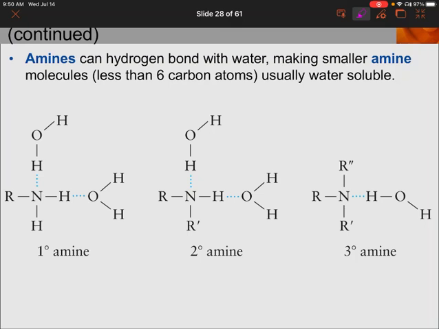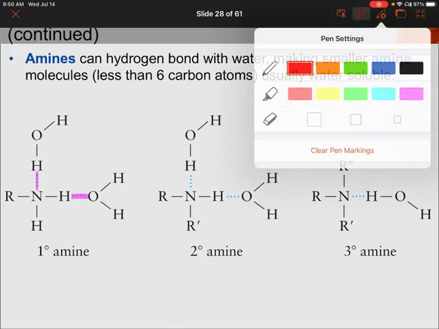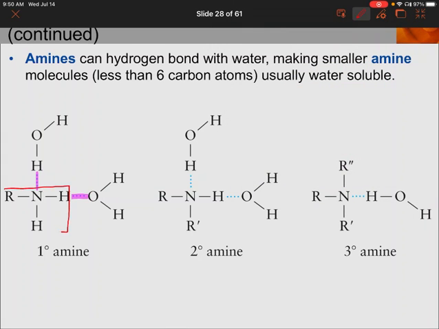So looking at a primary amine first, notice that there are two opportunities for hydrogen bonding. So the nitrogen on our amine can hydrogen bond with the hydrogen on water, and the hydrogen on the amine can also hydrogen bond with water. Same goes for the secondary amine, same situation.